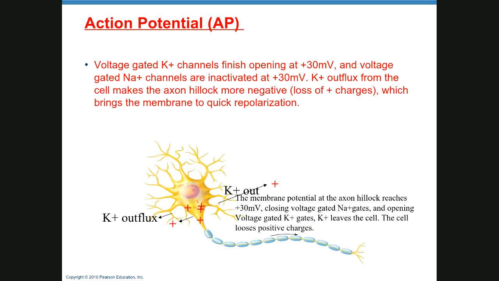At plus 30 millivolts, voltage-gated sodium channels are going to close. They're going to be inactivated, and by then, potassium channels have opened up, and potassium begins to leave the cell, taking positive charges out of the cell. So now the cell will begin to turn around and become more and more negative. So this is a repolarization that will lead to a hyperpolarization.